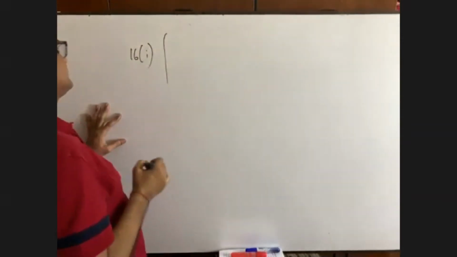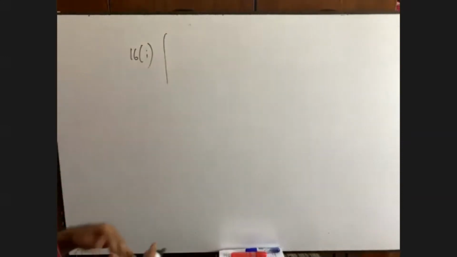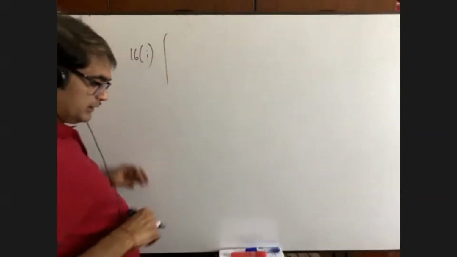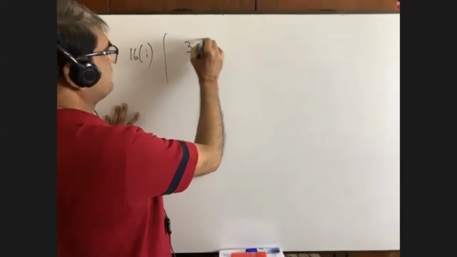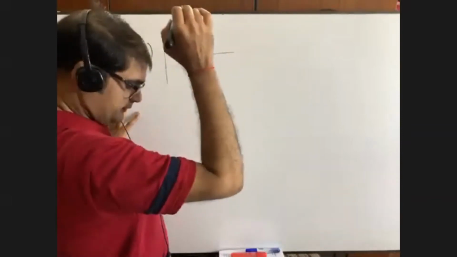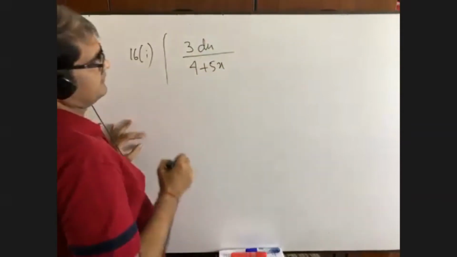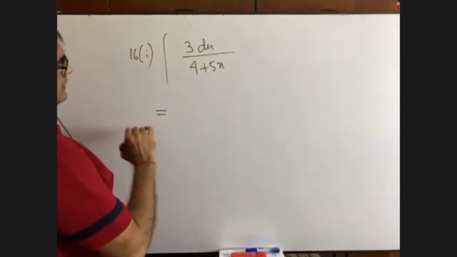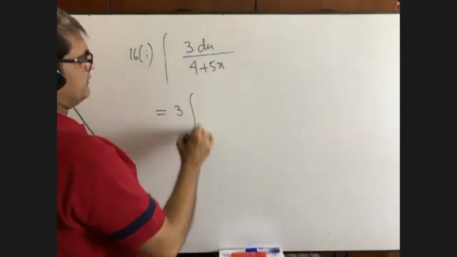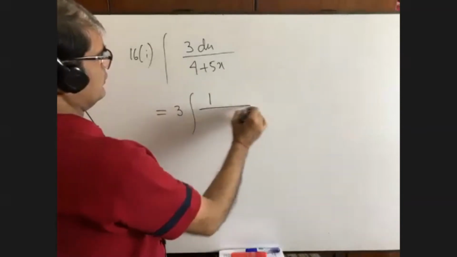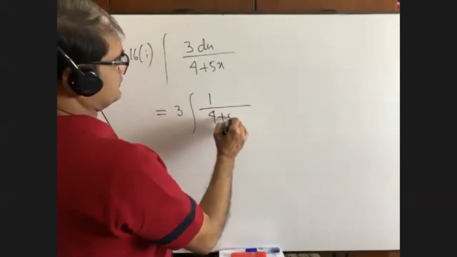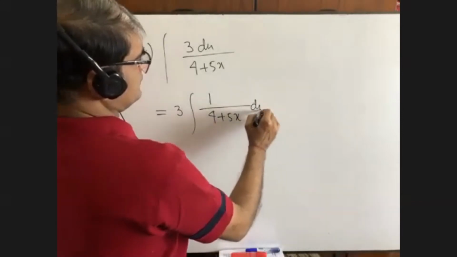But the next exercise is the most important and the most interesting. 3dx by 4 plus 5x. Very easy and simple math. I request you not to be afraid of seeing the math. 4 plus 5x dx, right? This is the math.